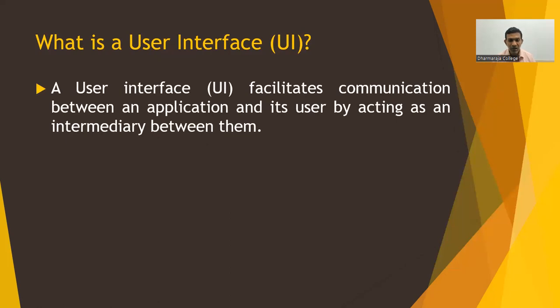Now, how do we communicate? The support is given by our user interface. Without understanding the interface, you cannot operate. Likewise, we have to communicate, and it's done through our user interfaces.